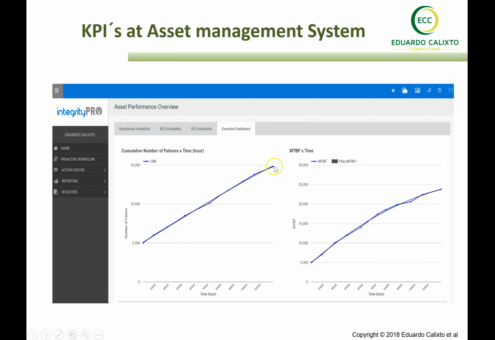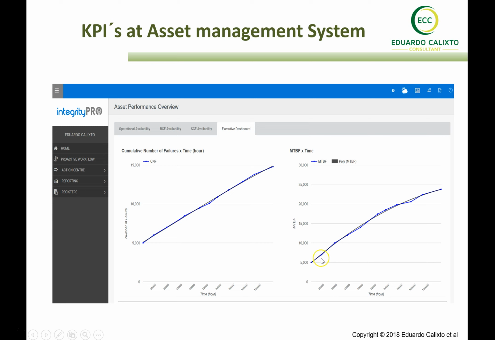That's also based on the FRACAS input information. The system generates that automatically, and it can predict the cumulative number of failures in the future, which enables the maintenance group to take decisions and also check, based on the mean time between failure tendency, if their equipment is increasing or not.